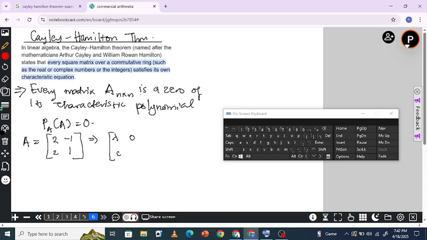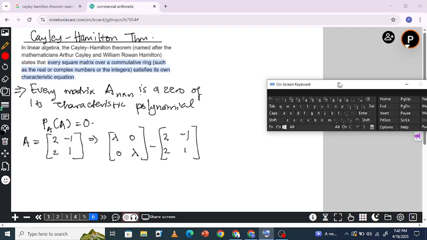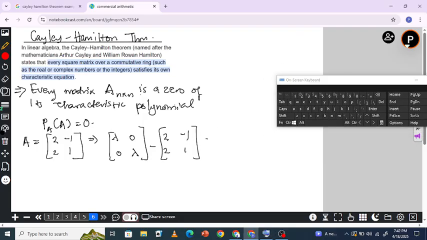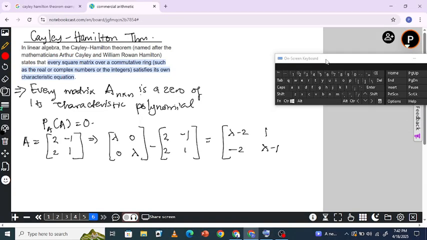We have lambda 0, 0 lambda. We subtract 2, 2, negative 1, 1. That gives us lambda minus 2, positive 1, negative 2, lambda minus 1.